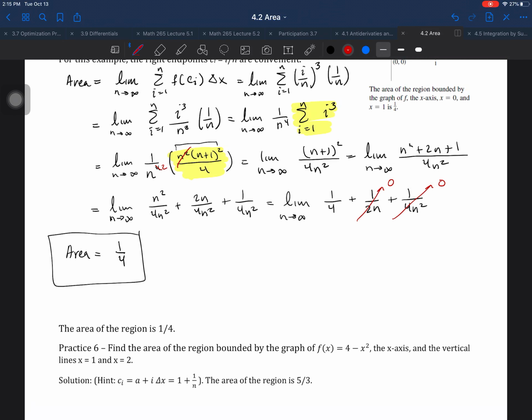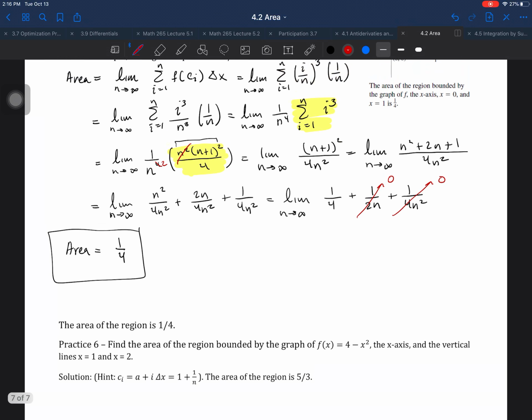There's an example here, practice 6, that I want you guys to try. I gave you guys a hint there. Your hint is how to find your ci. You guys already know how to find delta x. So delta x is going to be 2 minus 1 over n, so it'll be 1 over n.